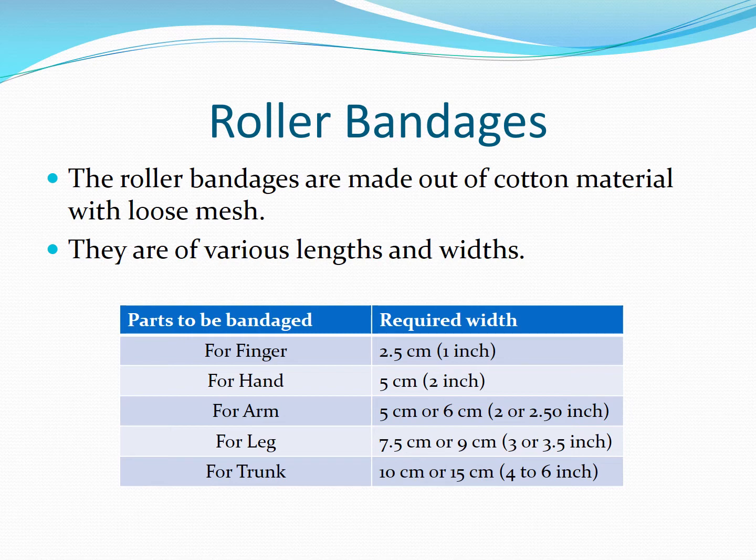For arm, 5 centimeter or 6 centimeter, that is 2 or 2.5 inches. For leg, it is 7.5 centimeter or 9 centimeter, that is 3 or 3.5 inch. For trunk, 10 centimeter or 15 centimeter, that is 4 to 6 inches.